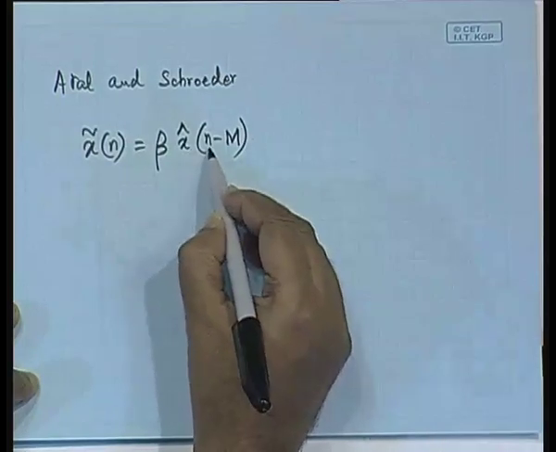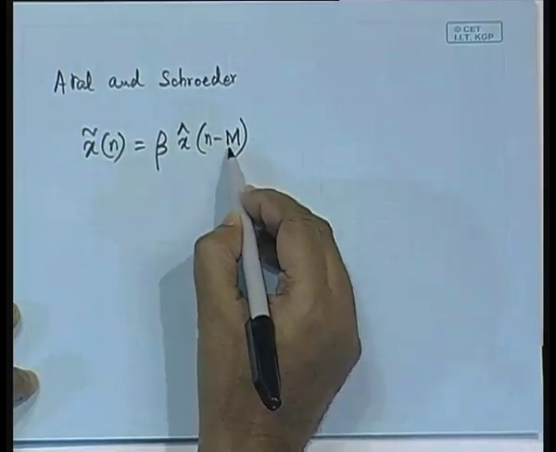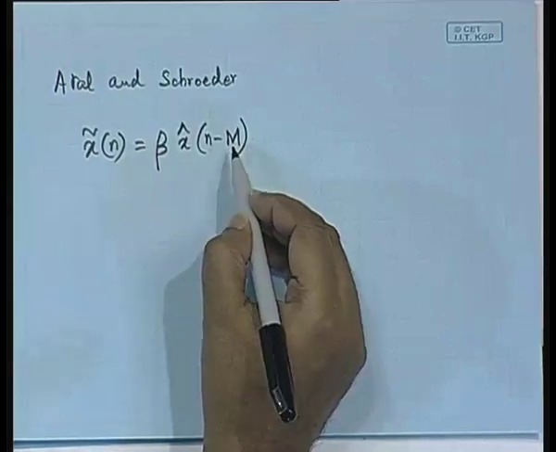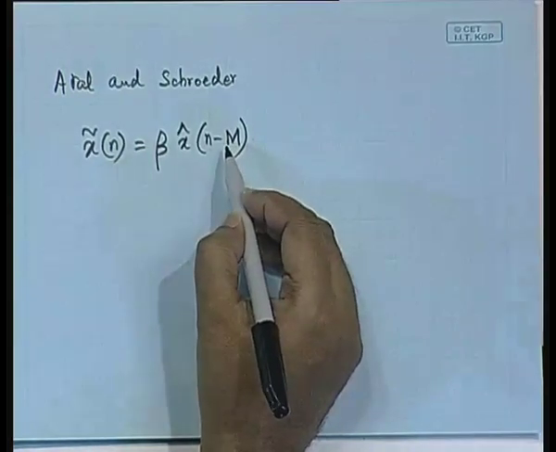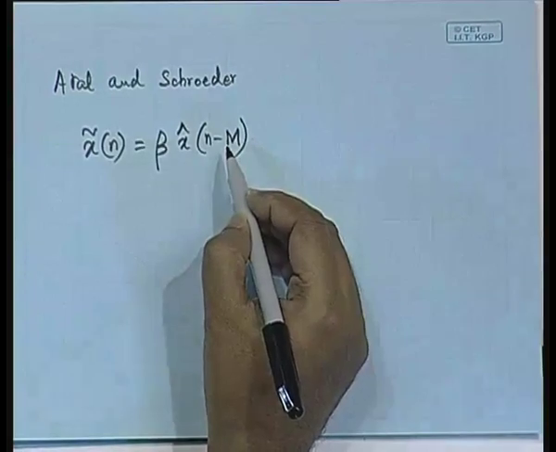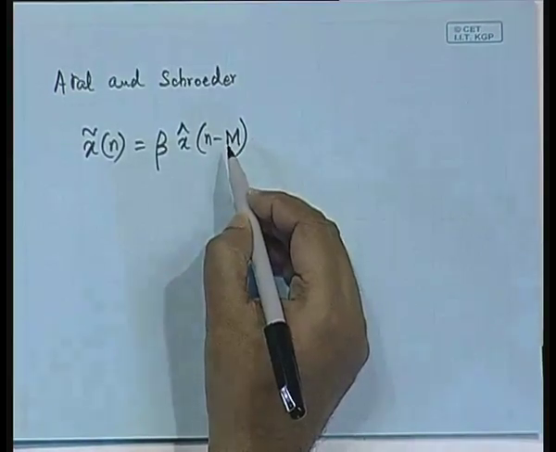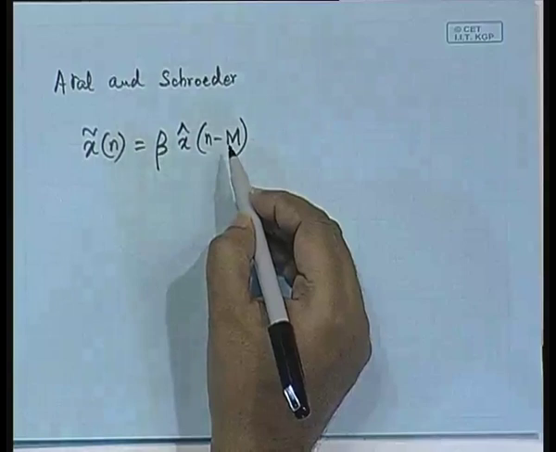So, x cap of n minus capital M is a sample which is capital M samples old, and capital M is the periodicity.